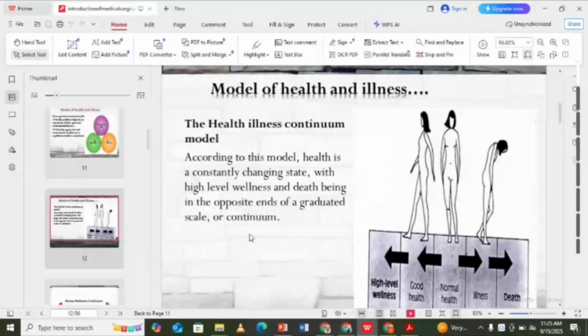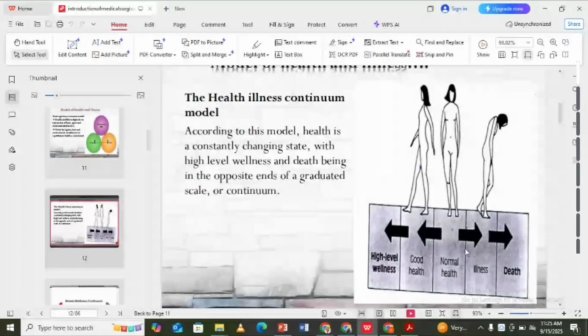So normal health, if maintained, will lead to good health, and that means high level wellness. Where normal health is affected, illness will come in, and if there is illness coming into the body, then potentially death will come in, or complications, irreversible complications to the individual.